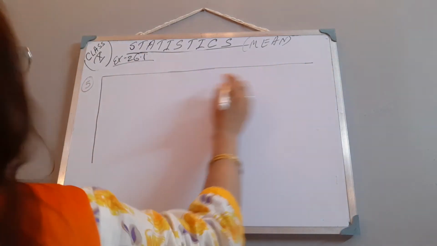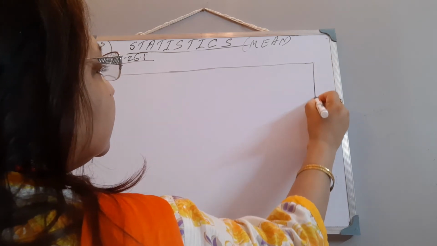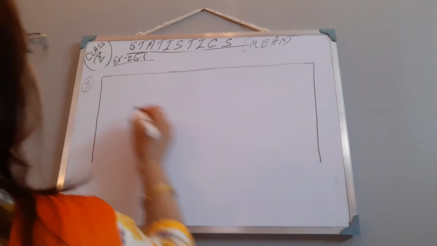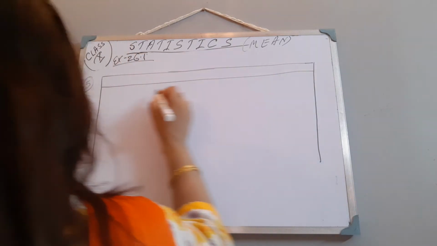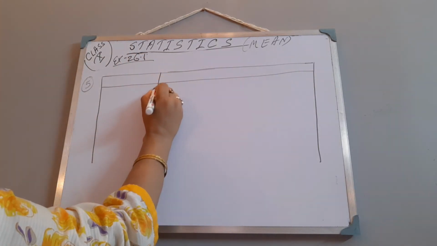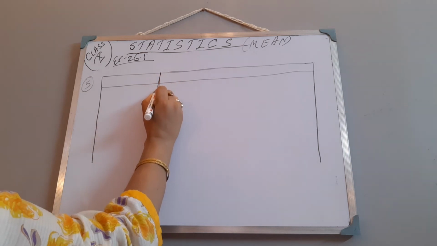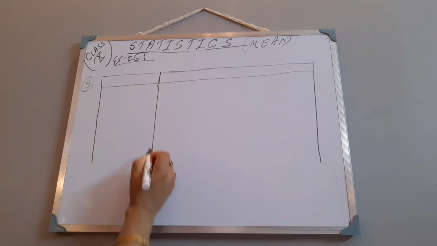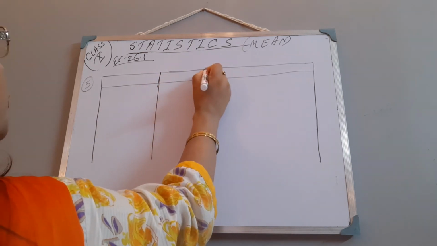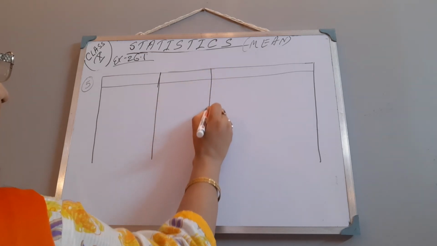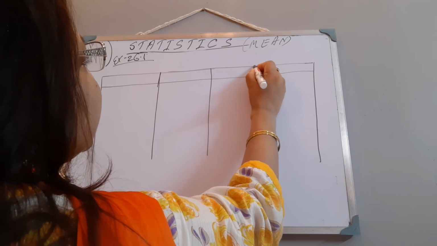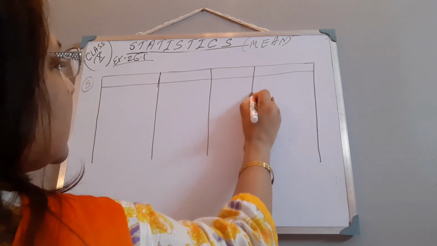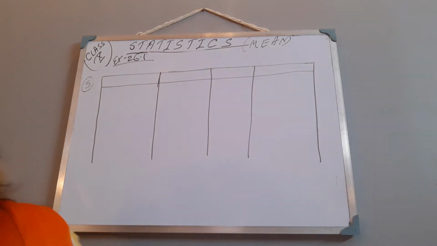Okay. And class is there already. I have said this is the group distribution table. Then we need to find class mark. So for class mark, then number of boxes means frequencies, and then fx.